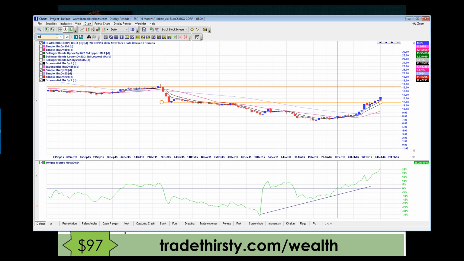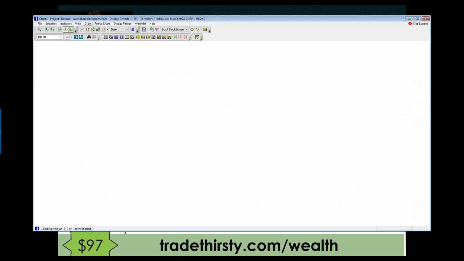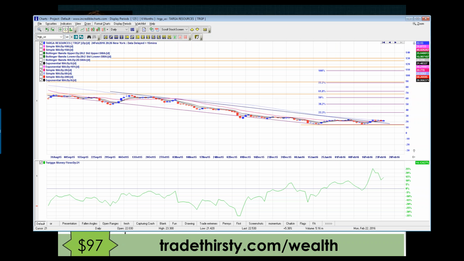TRGP, another one that we had picked out as buying calls on just a few days ago. This one looks great. You can see again the smart money loading up as the stock drops. The stock has been in a downward channel. Okay, downward channels are bullish. It's also been compressed by its moving averages, and it just started to overcome those.